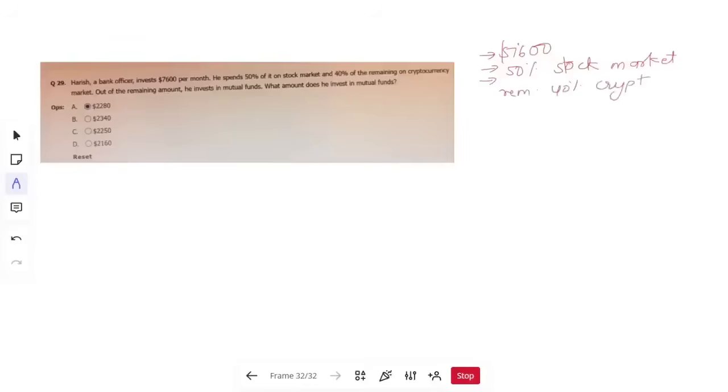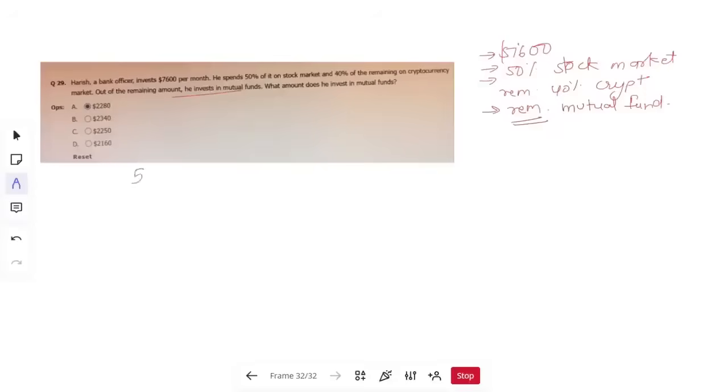And then out of the remaining amount, he invests in mutual fund. So whatever is remaining at the end, he is investing in mutual fund. So we have to find out what is the fund that is remaining at the end. After reducing all the amounts, whatever is left at the end will be our final answer. Let's see how we will solve it.